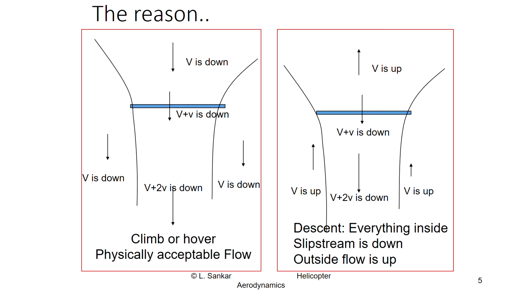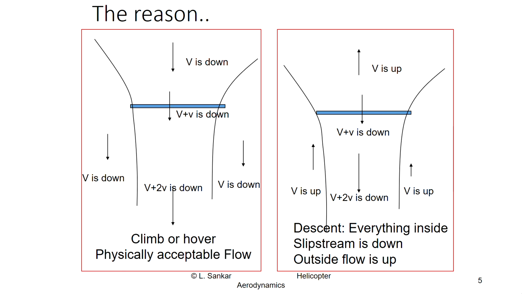What's going on? Also, in the far wake underneath the rotor, you get a very large discrepancy because one is going up, the other one is coming down. Very large values of shear stress, shear rate, or vorticity, which is not consistent with physics. So we have to modify this model.